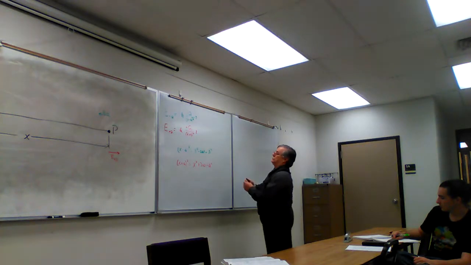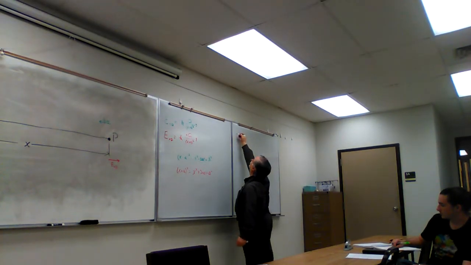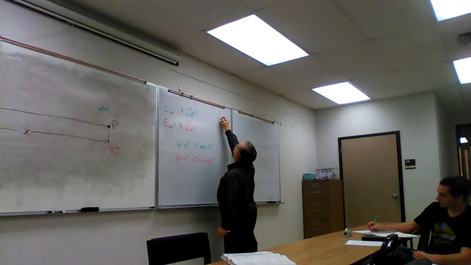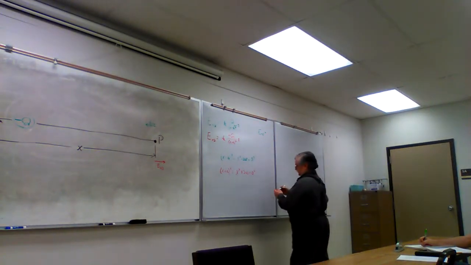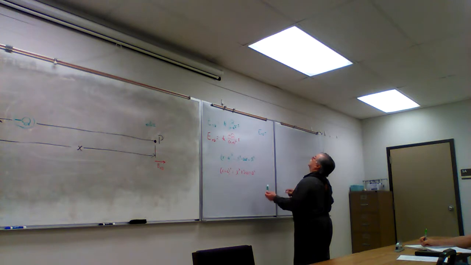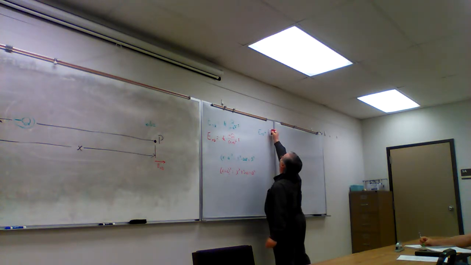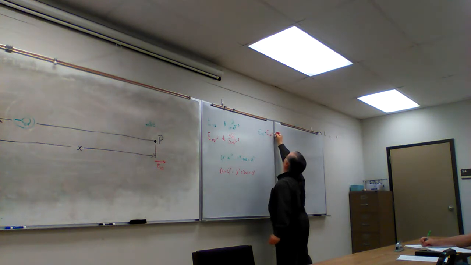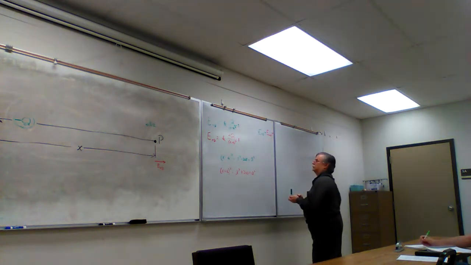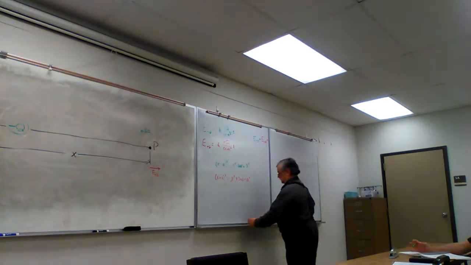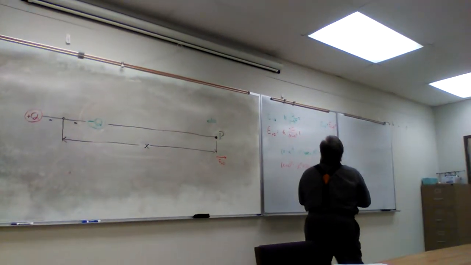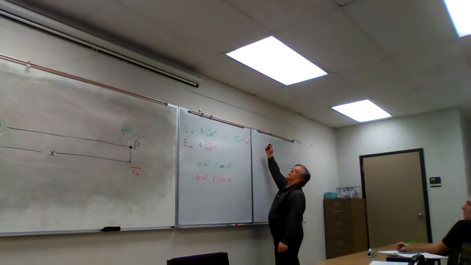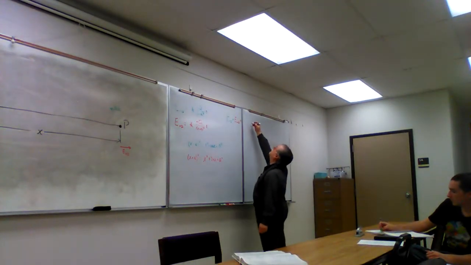So, E minus q plus E plus q equals, we've got k times q on both of them.